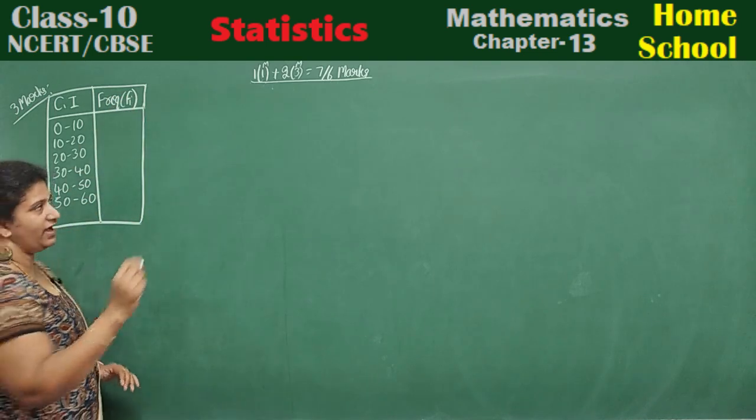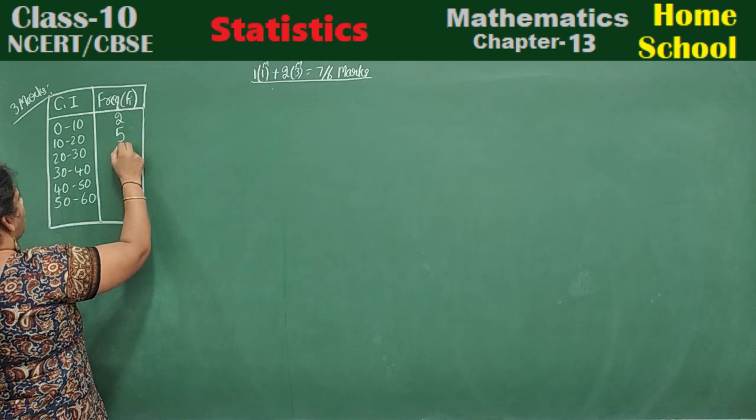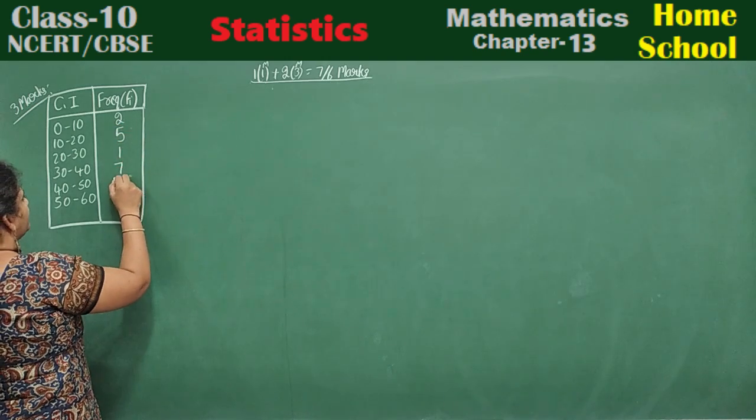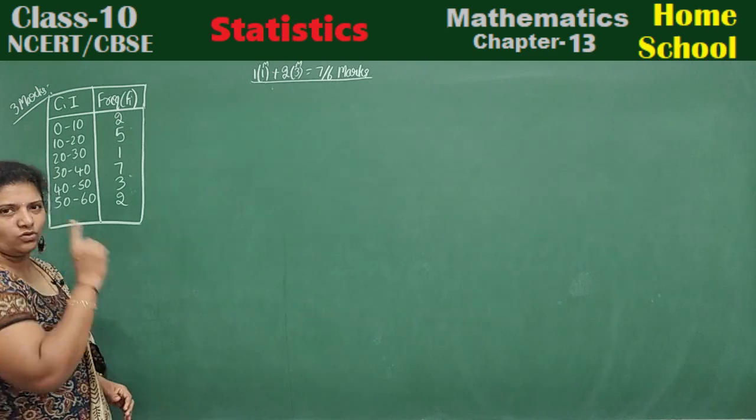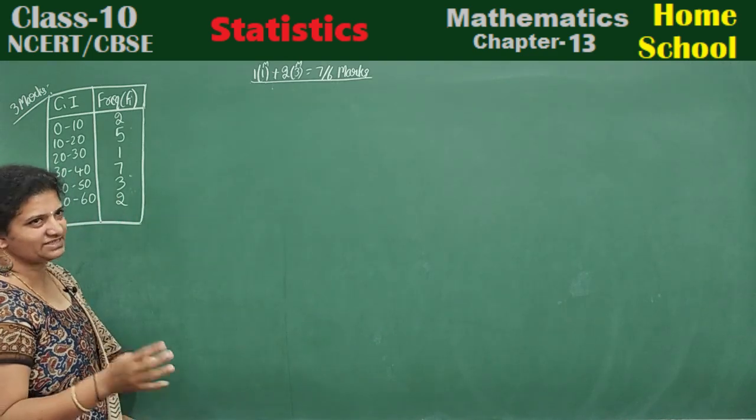Frequency fi: 2, 5, 1, 7, 3, 2. Only with this one problem we are going to do all 5 methods in statistics.